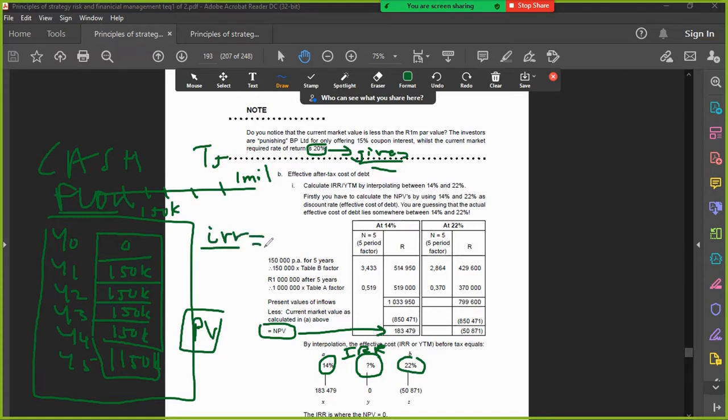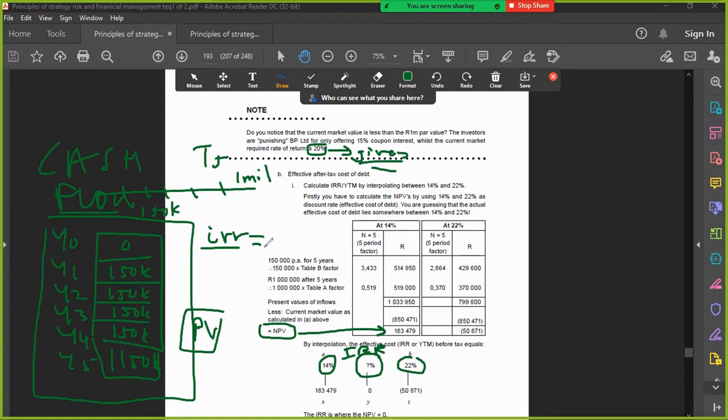Okay, so let me do it on my calculator. Do you know how to do this on your calculator? No, I've only done the long way around. Okay, so then I'm going to have to explain the steps. Let me just work it out here quickly. All right, so I need to go to my cash flow. Let me just put in these values: 0, 150,000, 150,000, 150,000, 150,000. Then I need year 5.